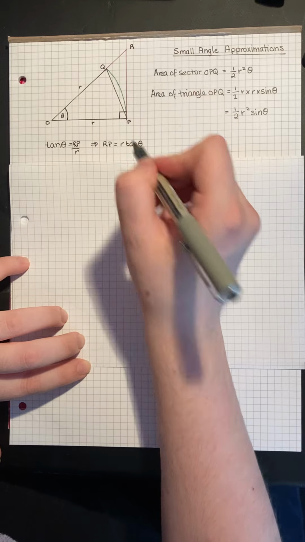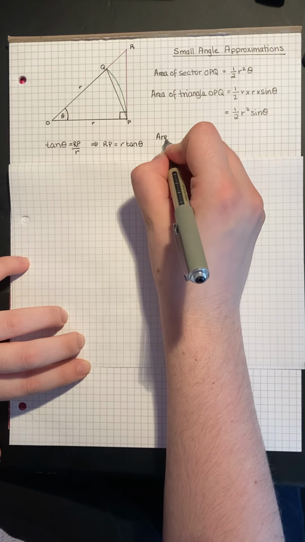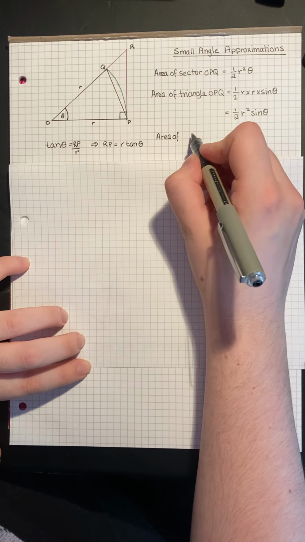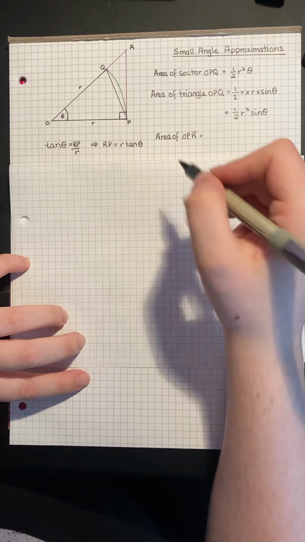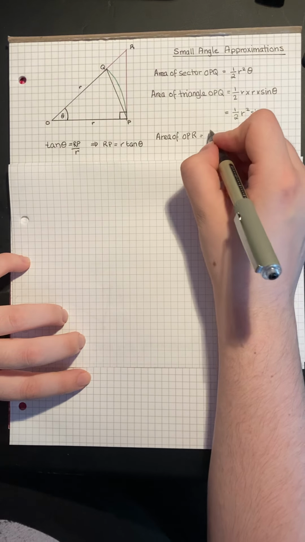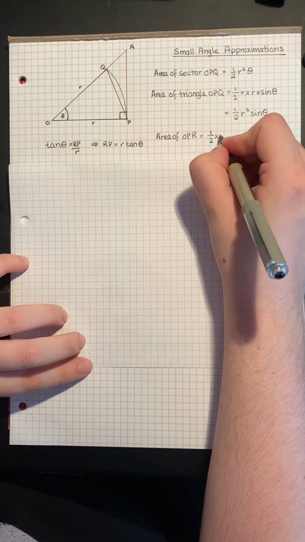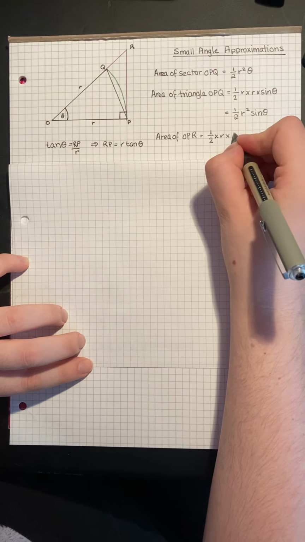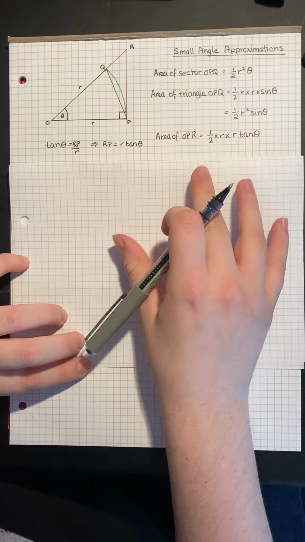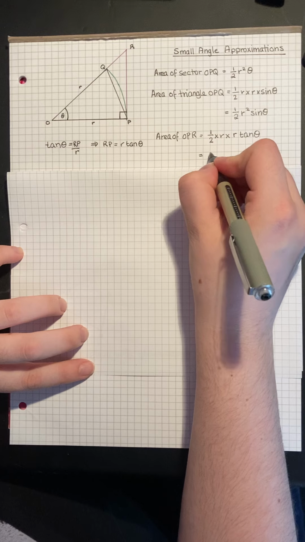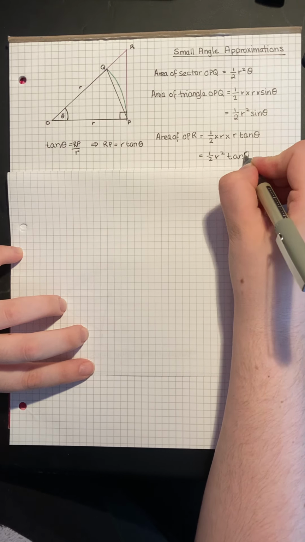So that length is r tan theta, which means we can now write down the area of OPR using our even simpler area of a triangle formula, a half base times height. Base is r, and the height is r tan theta, which we can simplify to a half r squared tan theta.